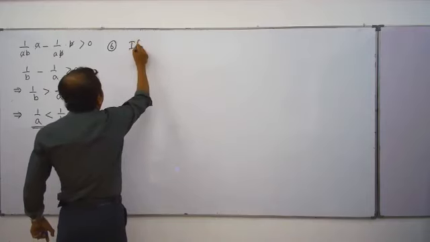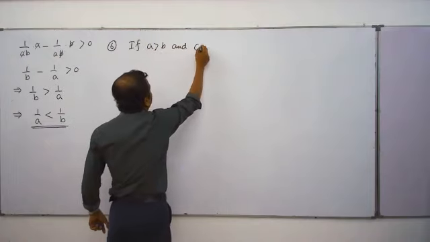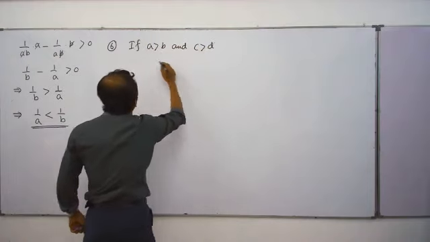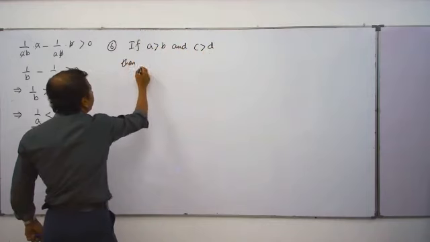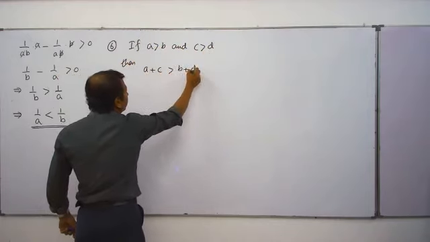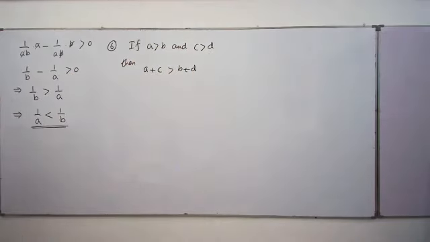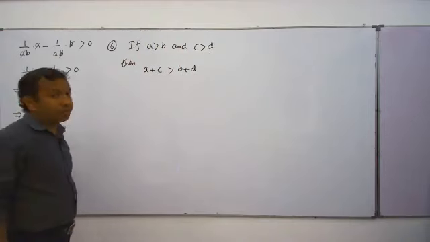If A greater than B and C greater than D, then A plus C greater than B plus D. What is this result?